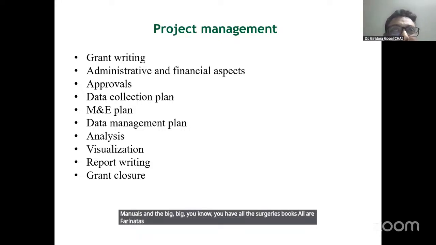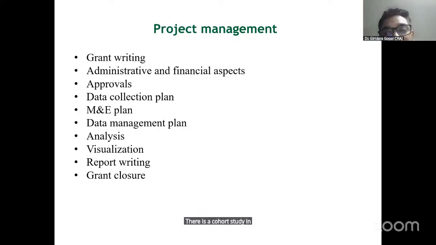It's great to say that foreign authors are good, primarily because if you see most of the references, there is evidence in it. There is an RCT in it. There is a screening validation test in it. There is a cohort study in it. There is a case control study in it from a hospital based study. There is an insurance based modeling in it. So that is the difference.